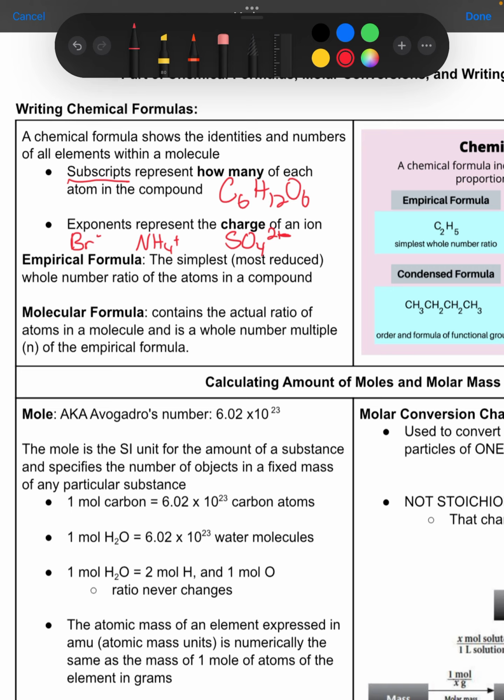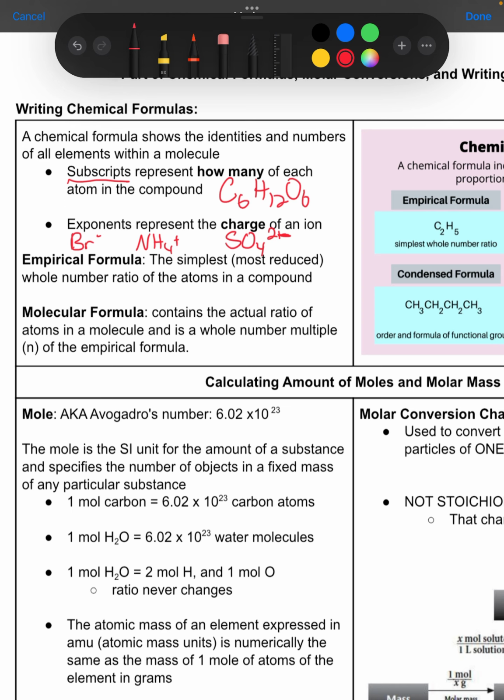So when you are writing out a chemical formula for a neutral molecule, a neutral compound, you shouldn't be including an exponent. But if you're writing a formula for something that is not neutral, like our polyatomics, like our atoms in ionic state, you need to include that charge as an exponent.